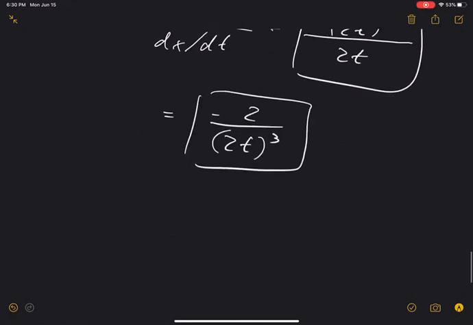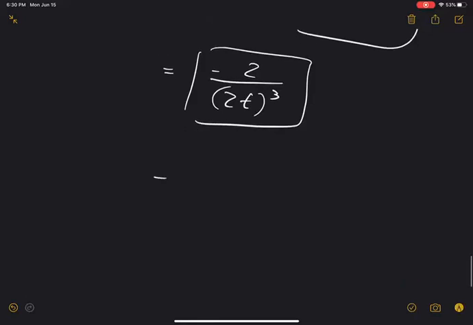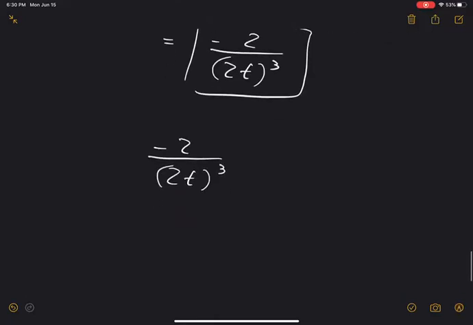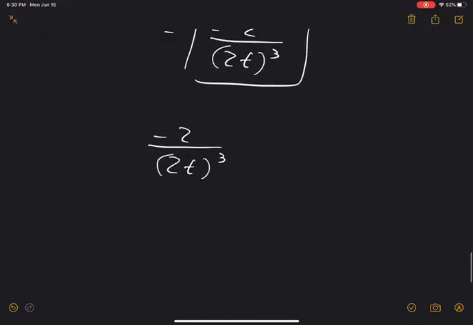Now for concavity, the question is, where is this positive and where is it negative? When is it greater than 0, and when is it less than 0? There's a formal way and an informal way to do this.